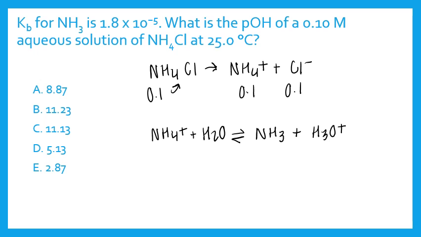What we have is we're starting with our acid, so we need to solve for Ka. So remember, Kw is equal to Ka times Kb. So that 1 times 10 to the negative 14th is equal to Ka, which is what we're looking for, times Kb.